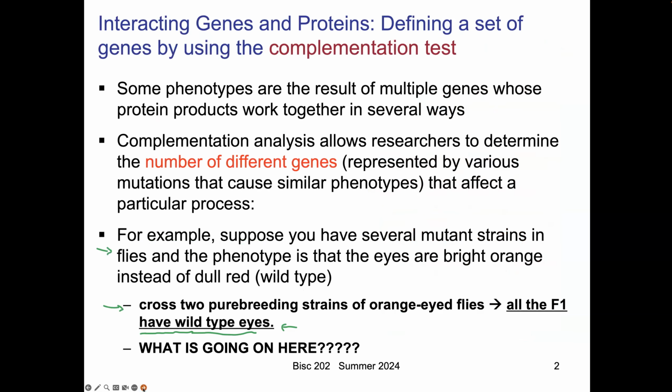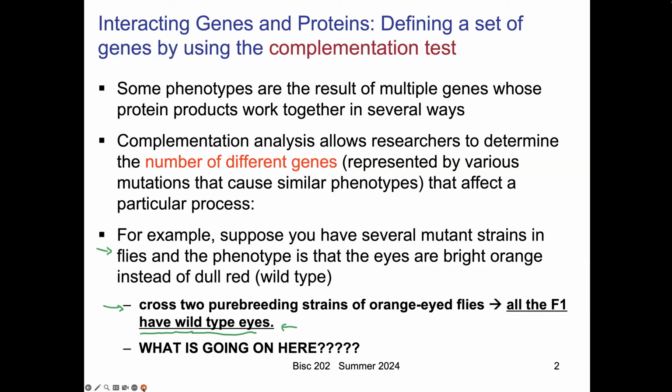Okay, so interacting genes and proteins. I'm going to talk about complementation testing, and I've introduced the topic probably as much as you want at this point. The idea is that we're asking a question. We've got mutations in a bunch of different strains with similar phenotypes.